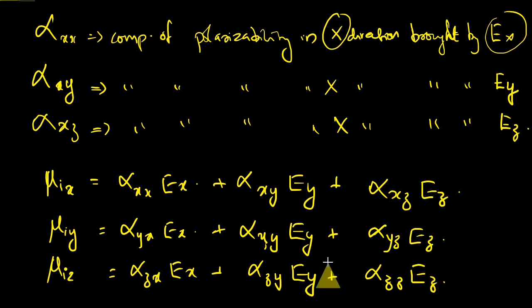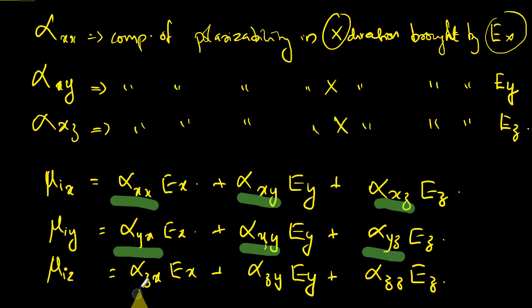Now you can see the polarizability terms. What are the polarizability terms here? Alpha xx is a polarizability term, and here is another, alpha xy, alpha xz, alpha yx, alpha yy, alpha yz, alpha zx, alpha zy, and alpha zz. Nine polarizability terms are there, right?